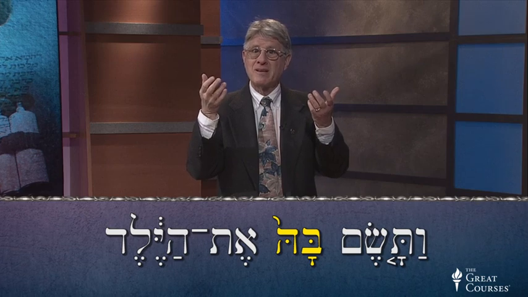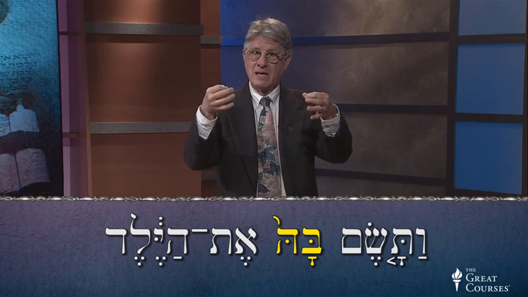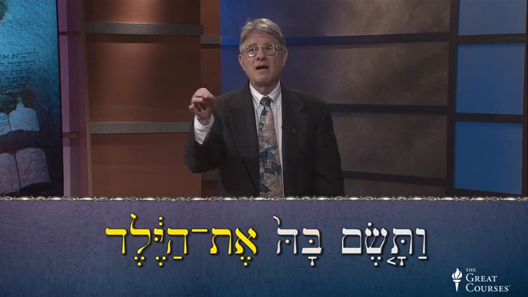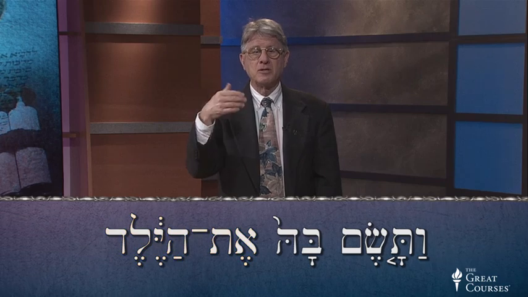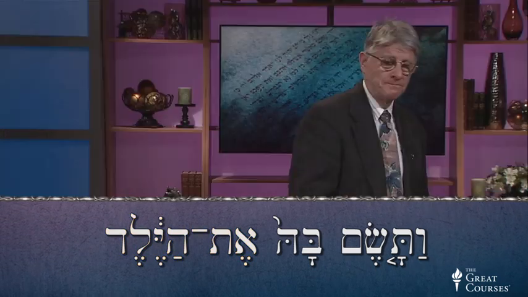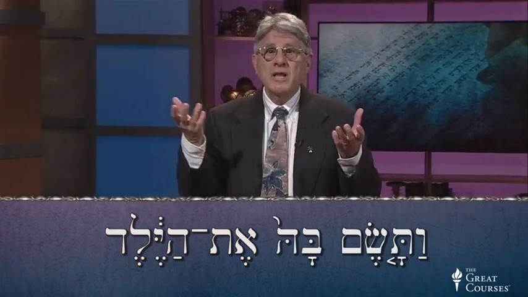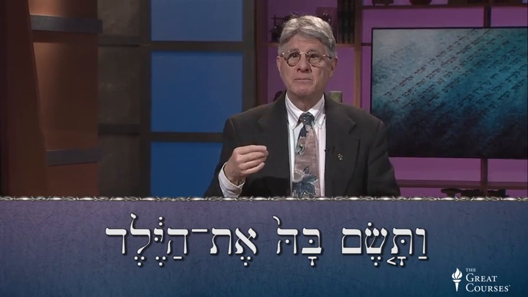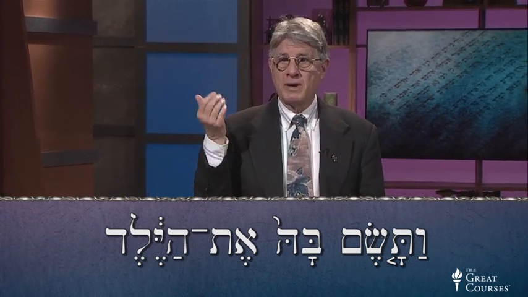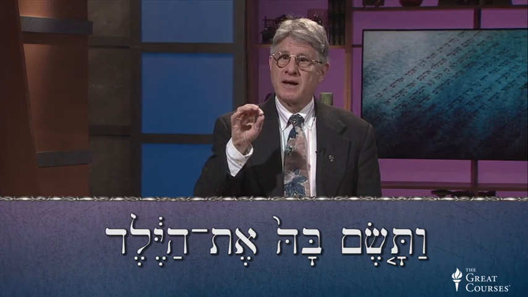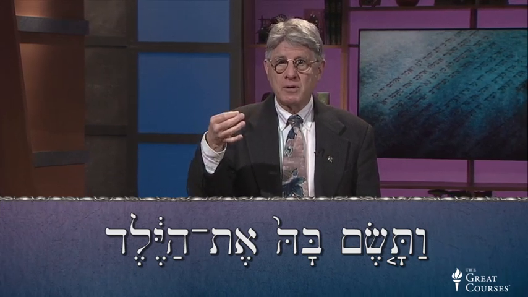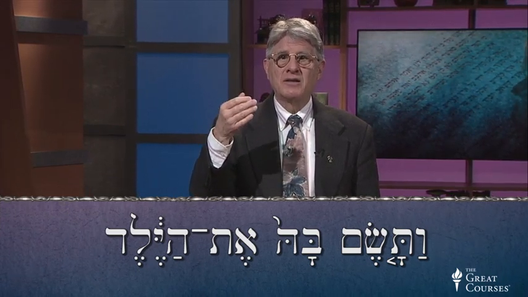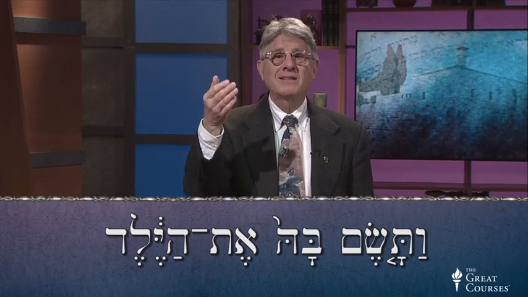Teva is a feminine noun, so ba, in it, et hayeled, the boy. She put the boy in it. Just like with vayakom, the accent on the imperfect tasim moves backward when you make it a converted imperfect, and the long e vowel becomes a short e. Takum, vatakom.